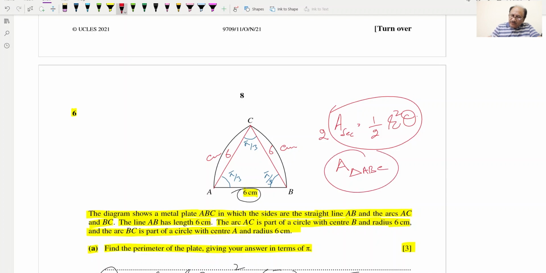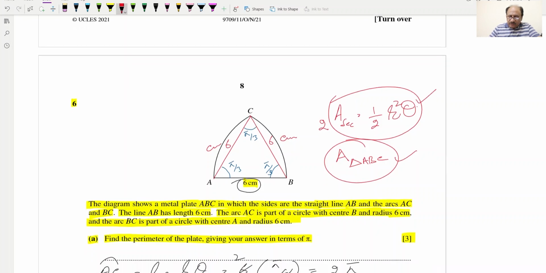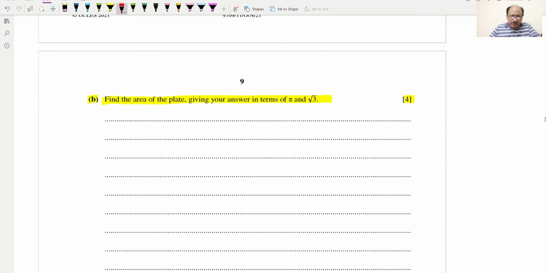If we subtract this area of triangle from 2 times the area of sector, we will get the area of this shape. So this is the strategy, and we will start with the area of sector.